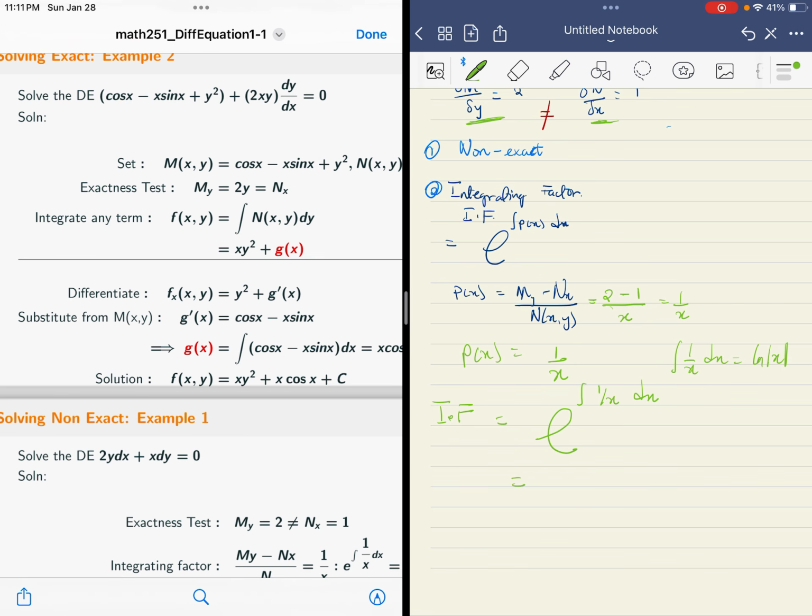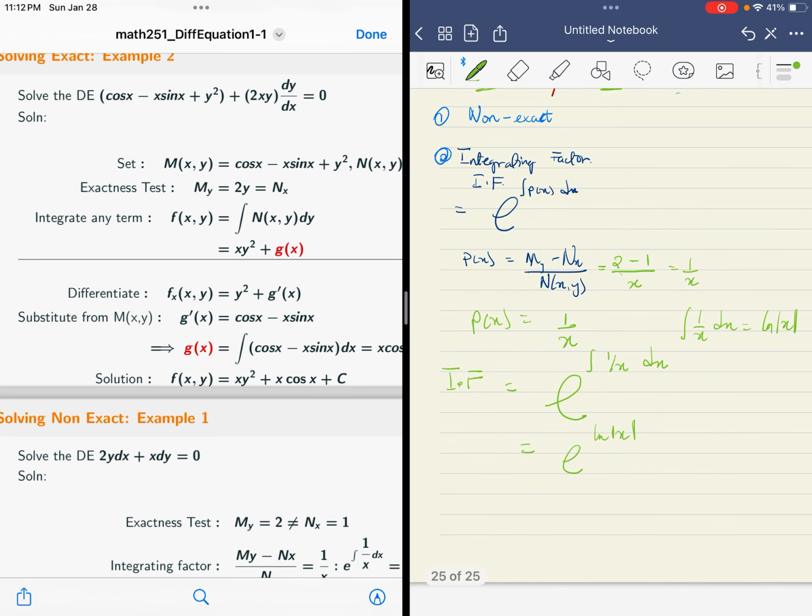So that is what we are going to have here. We're going to have the exponential to the power of ln x. And we all know that if you are doing integration without limits, you have to bring in the constant c. But in this case, the constant is not coming up yet because it's an integrating factor. We don't need a constant here yet.